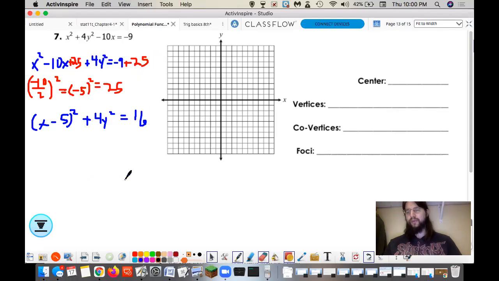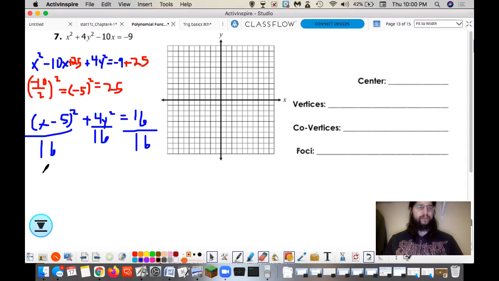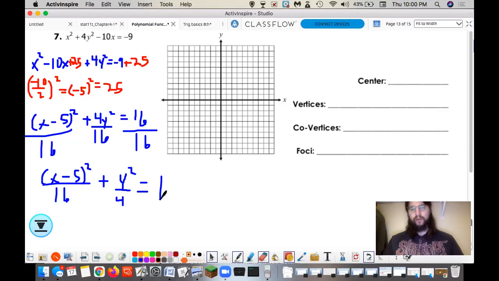Okay, now we can do, no we can't, what's still wrong? We don't have standard form yet. It must equal 1. Divide through by 16. So that's x minus 5 squared over 16 plus y squared over 4 equals 1. Now it's equal to 1.